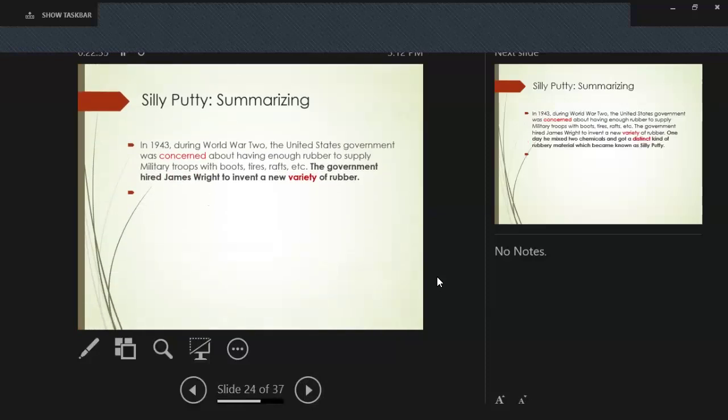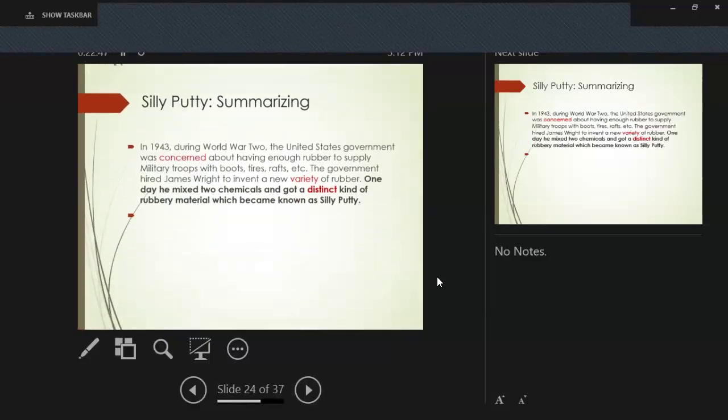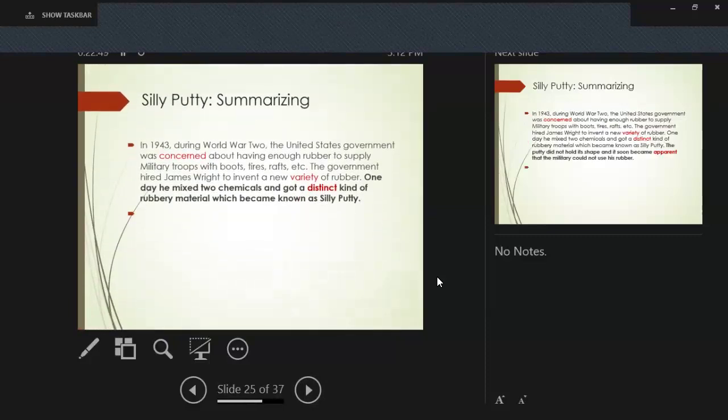James Wright. They hired him to invent a new variety of rubber. And what does variety mean? Different kinds. So now we're talking about those vocabulary words again. One day he mixed two chemicals and got a distinct kind of rubbery material, which became known as silly putty.